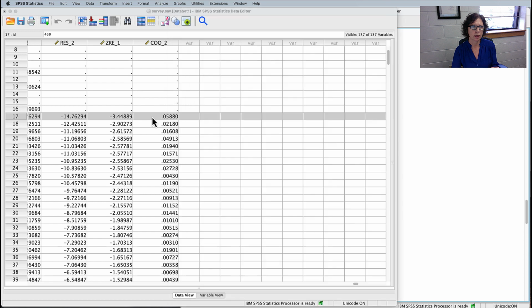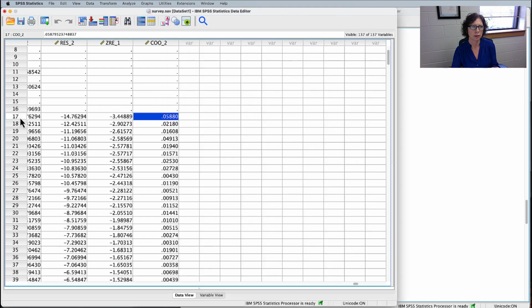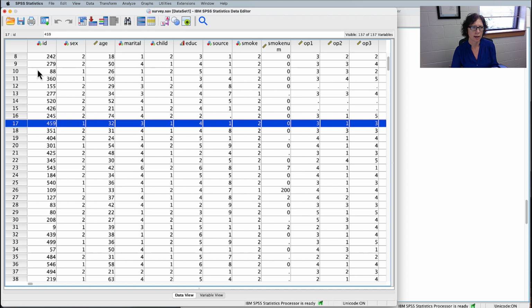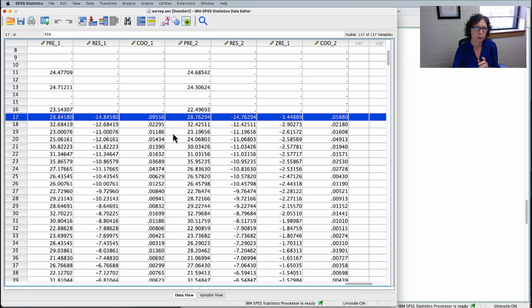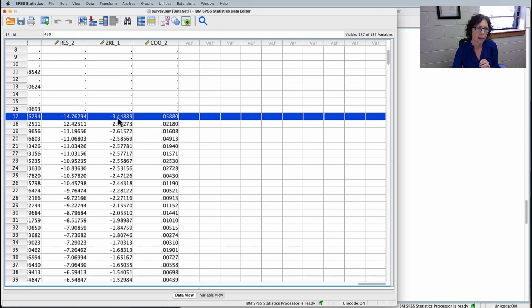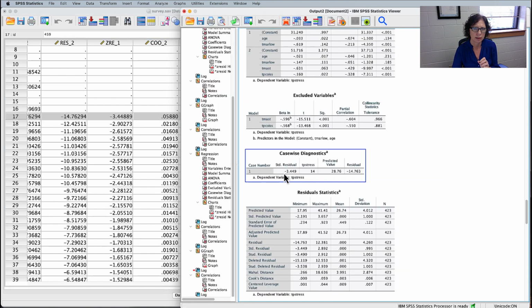So we can look at that one and say, hey, this particular case here could be an outlier. It's ID number 459, but sometimes when SPSS runs it, it gives it its own case numbers. But this way we were able to identify exactly which participant had the high standardized residual, greater than 3 standard deviations.